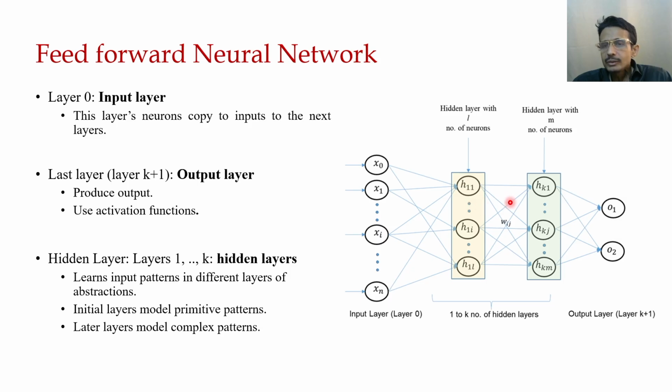As we go deeper, from input toward output, the deeper layers model more complex patterns. So the initial layers model primitive patterns, and deeper layers model complex patterns. These statements are very important, and we will understand them in detail in this course, mainly in the deep learning part.